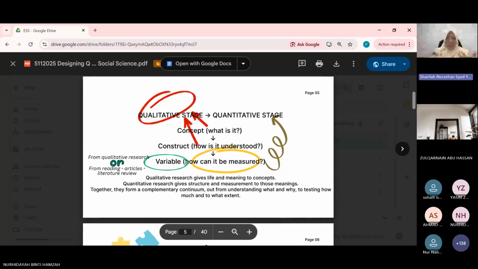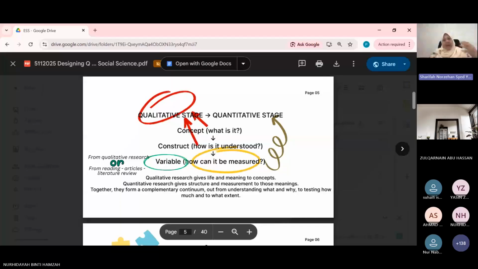And you want to add more variables to it, because in reality, you feel that there are more things that influence whatever you are trying to research on. That's where the qualitative element comes into the picture, because usually the variables that you find in the literature come from qualitative methods first.